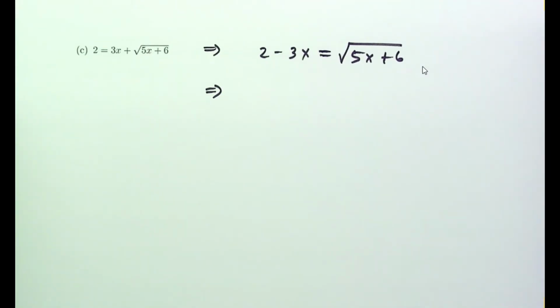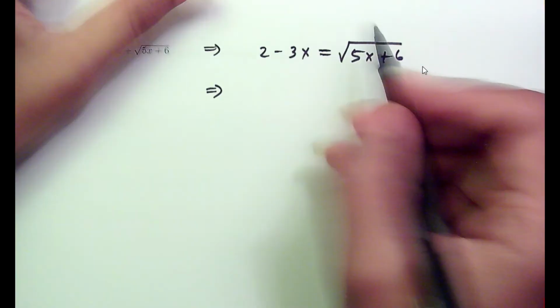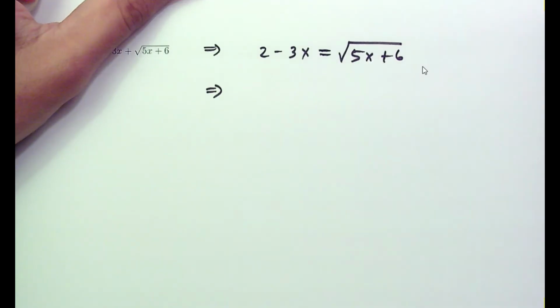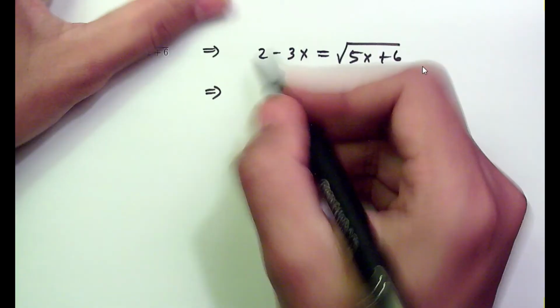Step 2, raise both sides to a power that will eliminate the radical. In this case, again, it is squaring because I'm talking about a square root. If that was a cubic root, which we'll do an example of in a minute, it would be raising both sides to the third. So here again is squaring.